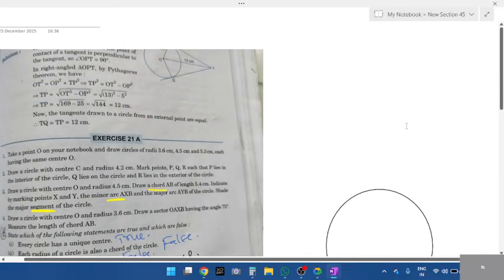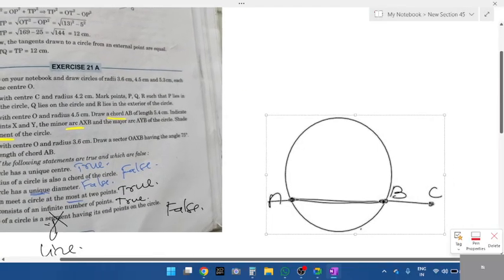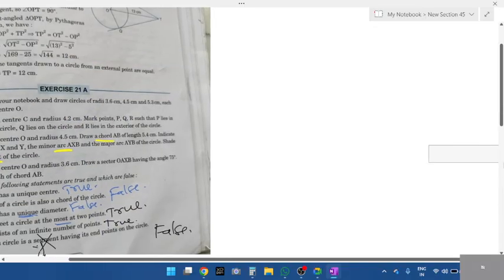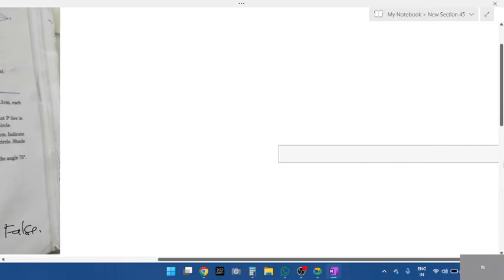Did you all understand all those concepts, sector, segment, whatever was done in the questions? Okay. Any doubt? And once again, before starting, I'll just complete.